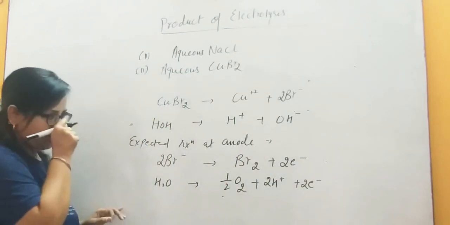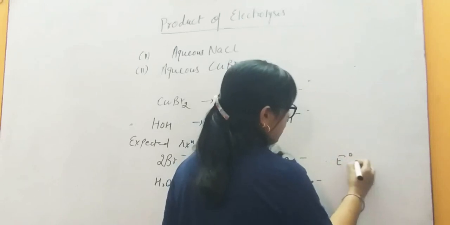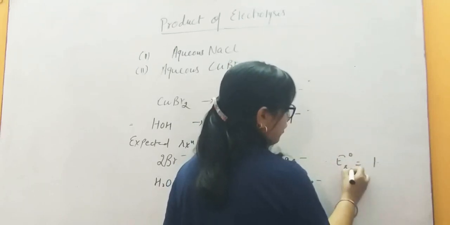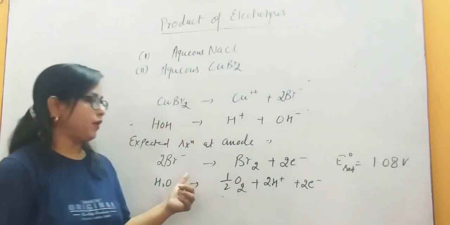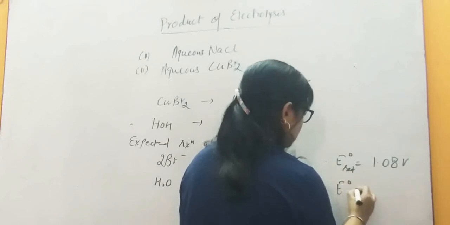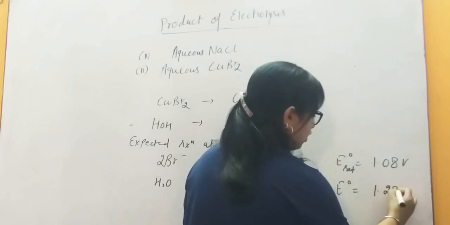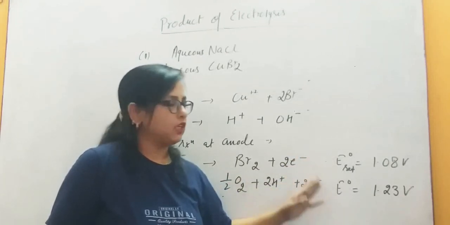So I am again writing their reduction potential values. For bromine it is 1.08 volt, and for water it is 1.23 volt. So these are the reduction potential values. So I will take the lower value.